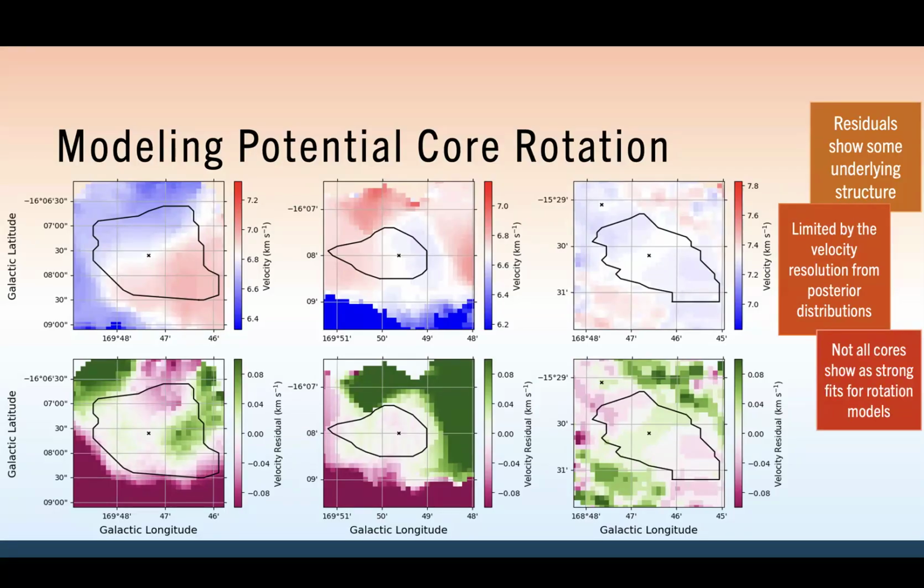And we show that the cores are strong fits for rotation models, which leads us to the conclusion that core kinematics, especially at this early starless and pre-stellar core stage, are more complex than solid body rotation.